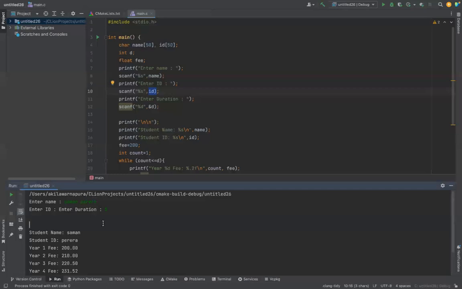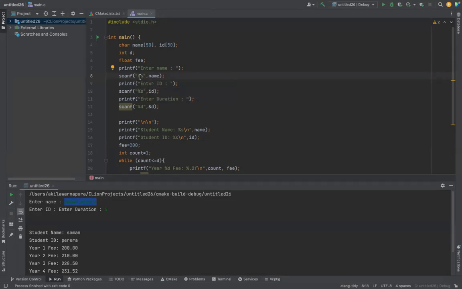Therefore, if you need to take the entire string you entered into the variable called name, you have to modify this argument a little bit. You have to take the entire string without any break. In order to do this, you use the percentage s.